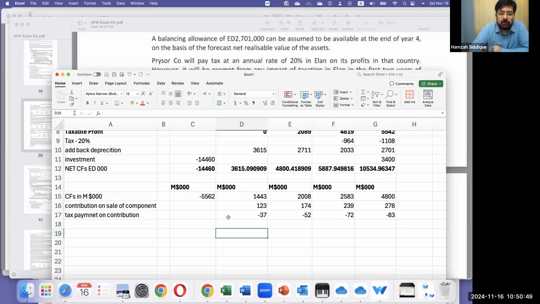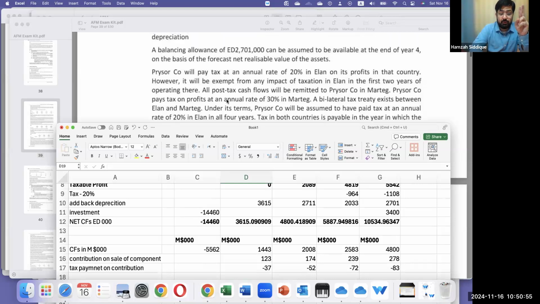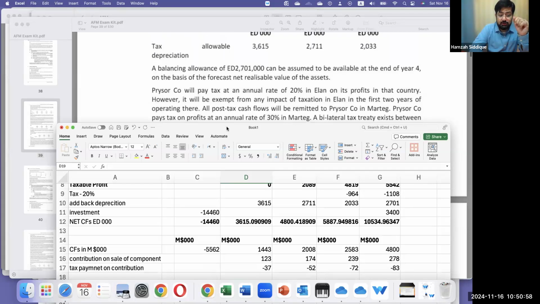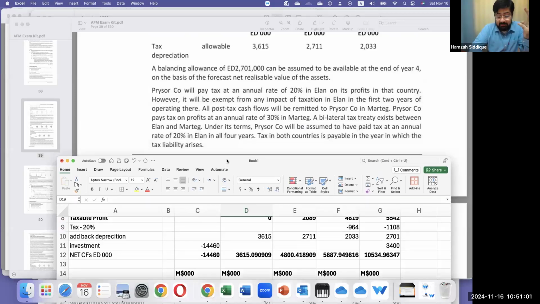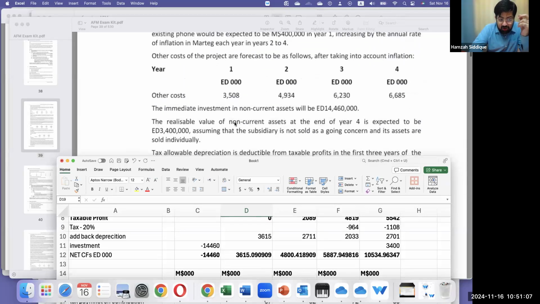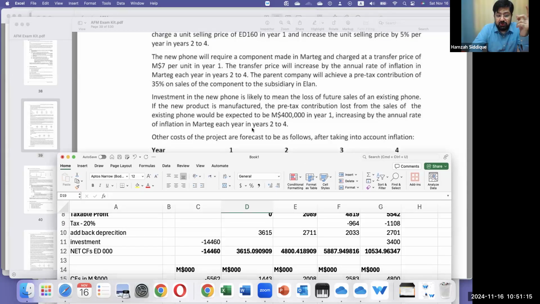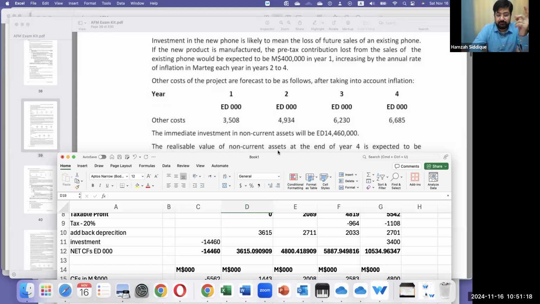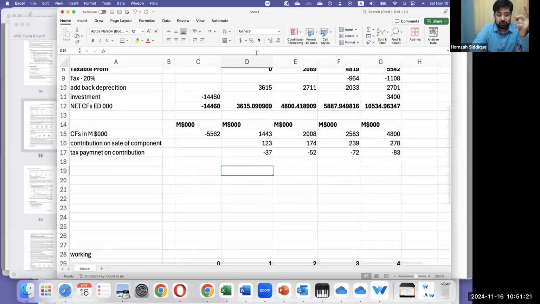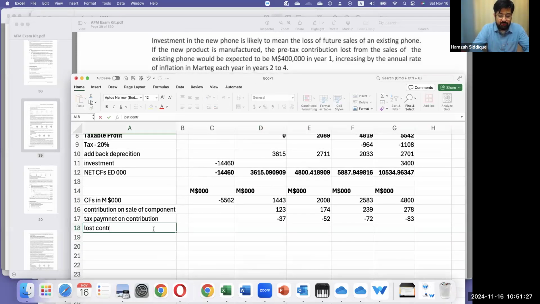Now, what else? Students, there are 2 things more. That is a double taxation. And if you remember, I told you there is opportunity cost. They will lose this revenue in year 1, increasing by rate of inflation in Martech. So the point is lost contribution due to the project.